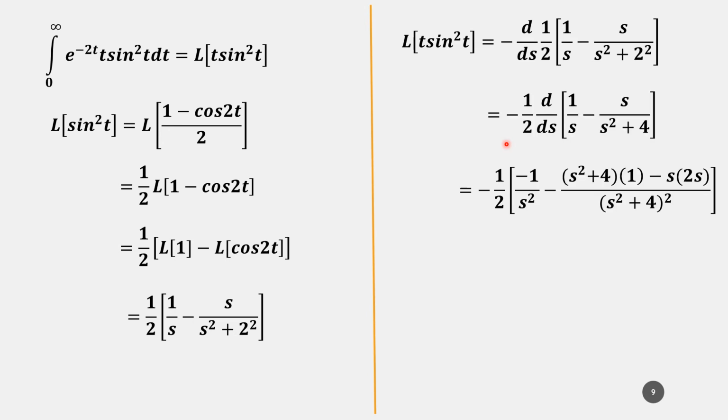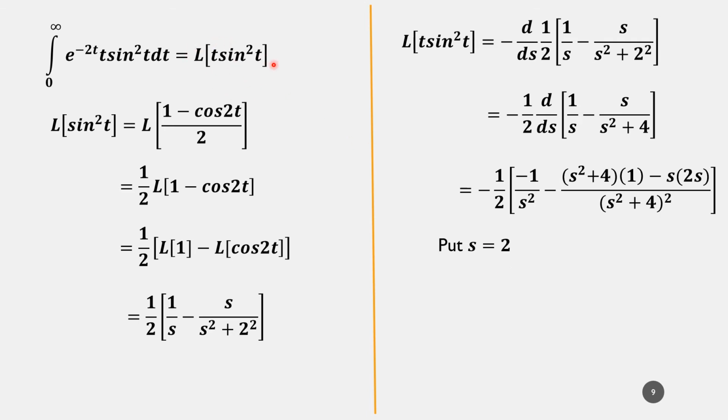Differentiating, the derivative of 1 by s is minus 1 by s square. Here we can apply the u by v rule: v into derivative of u, that is 1, then u into derivative of v, which is 2s, upon (s square plus 4) the whole square, v square. Simplify, or if you want you can put s equal to 2 directly.